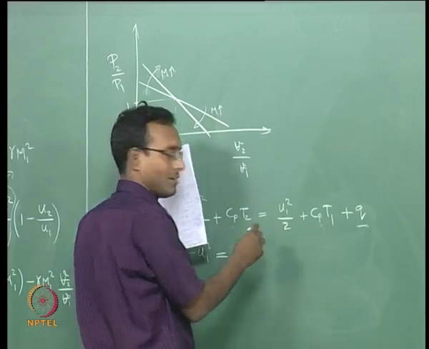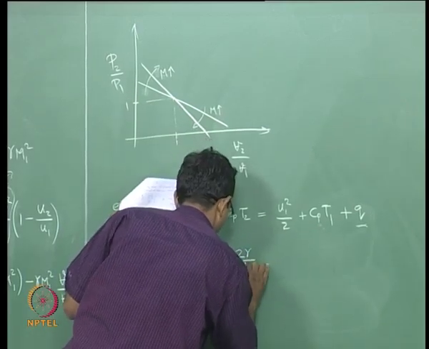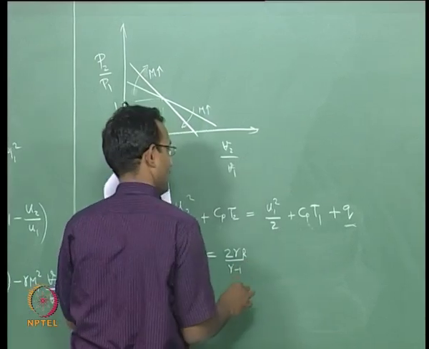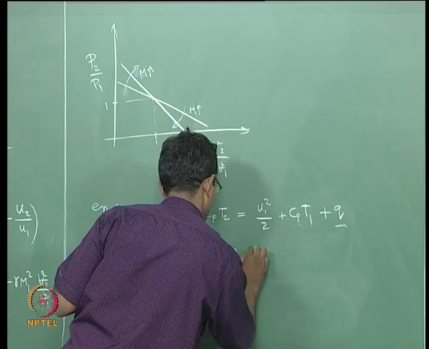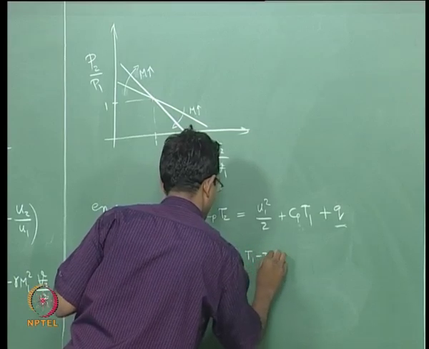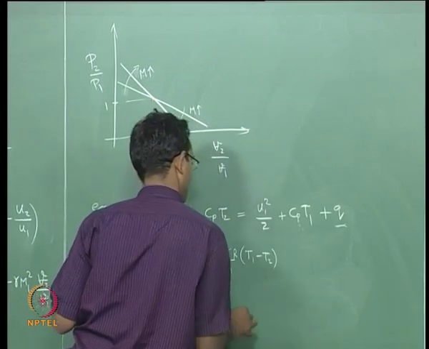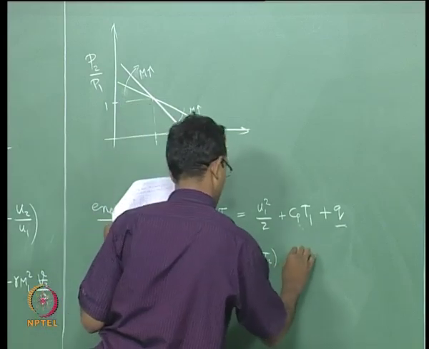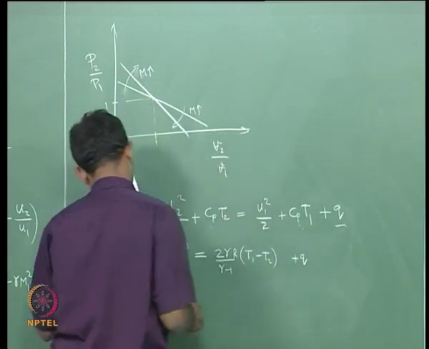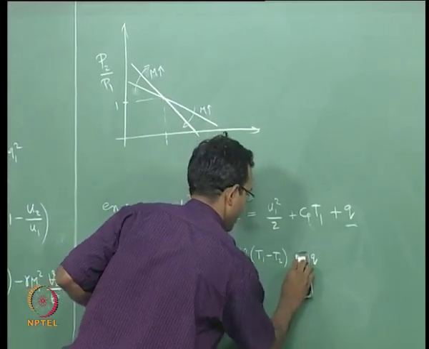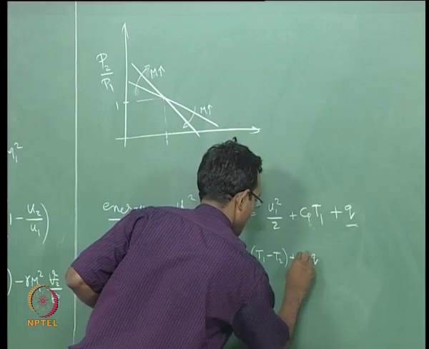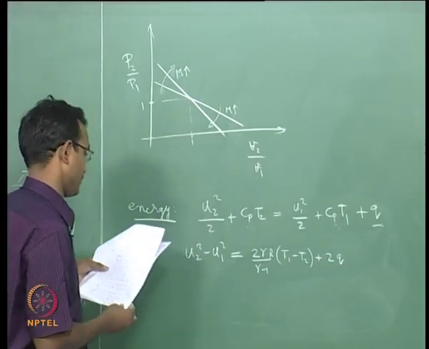So, I am going to take gamma by gamma minus 1 times R times T1 minus T2 plus Q. The Q should also have a 2, 2 is multiplying all the terms.